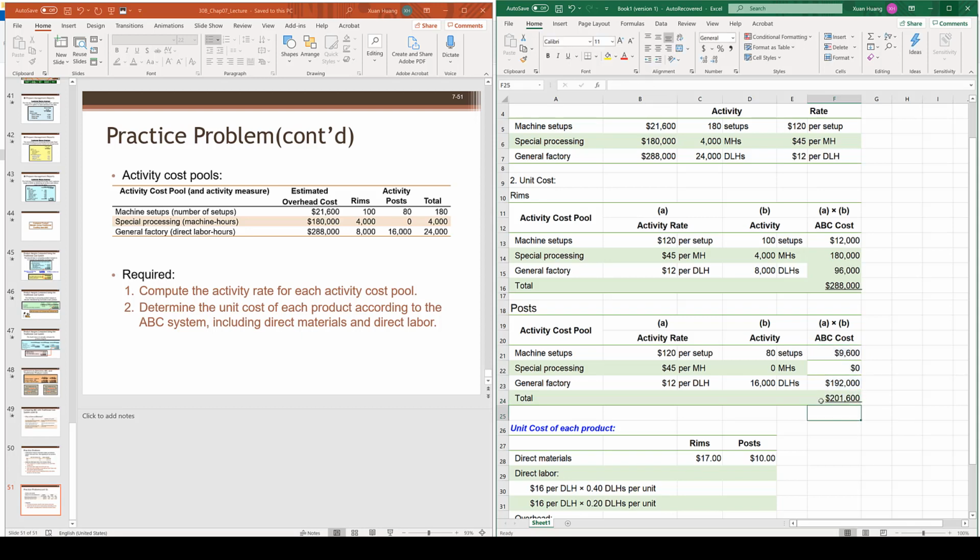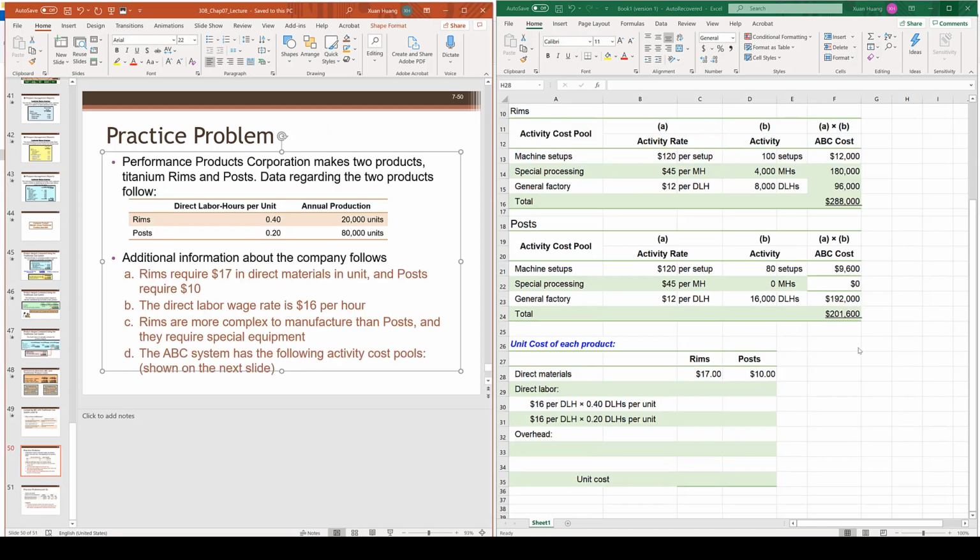Total overhead cost which should be assigned to posts is 201,600. Now we can calculate the unit cost of each product, for rims and for posts.